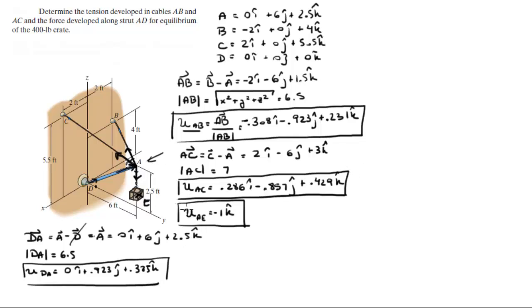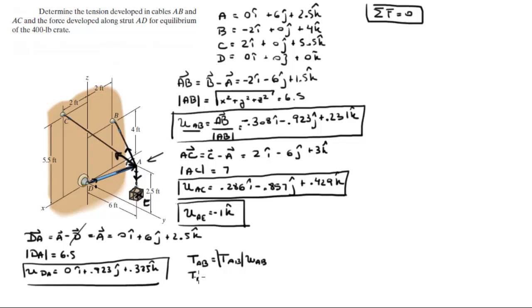Now this problem becomes very simple. You know always that the sum of the forces in statics is equal to 0, no matter what way they're aiming, right? And you know that the tension of AB is equal to T, the magnitude of this tension, times the unit vector of AB. And this applies to all of them.